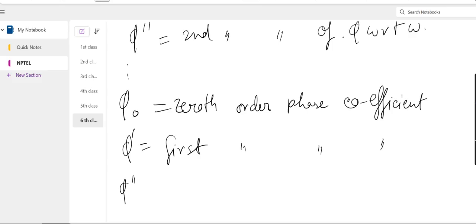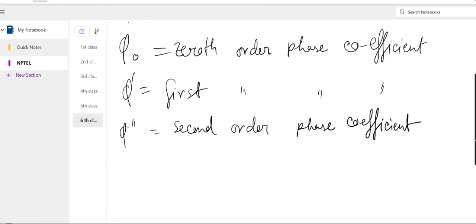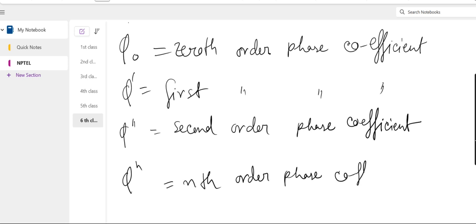Phi dash dash is called second order phase coefficient. Phi to the power n is basically nth order phase coefficient.